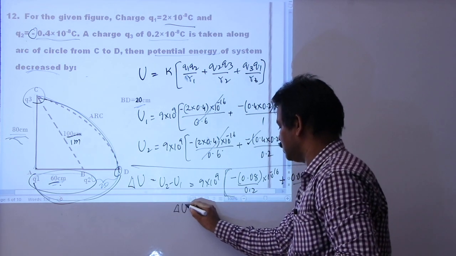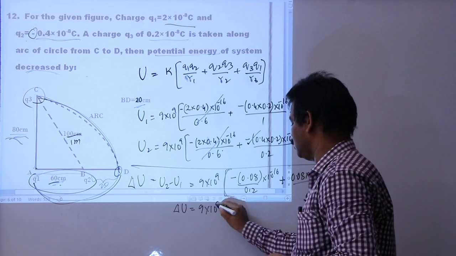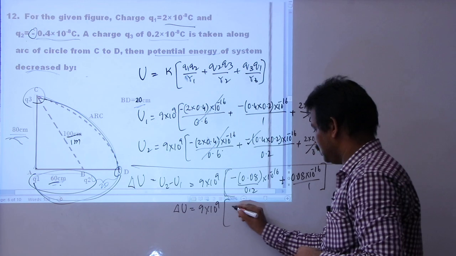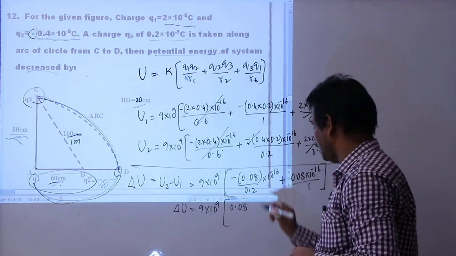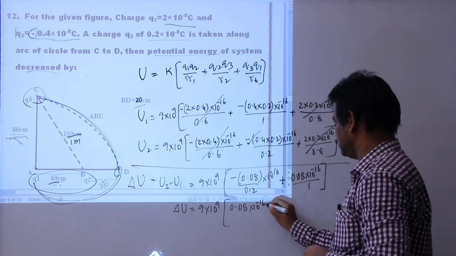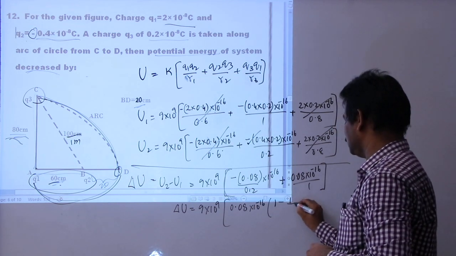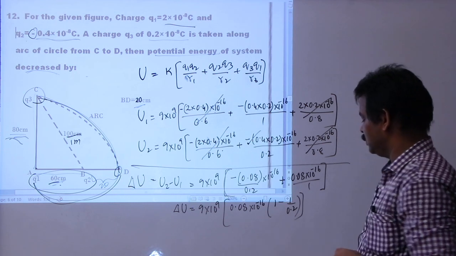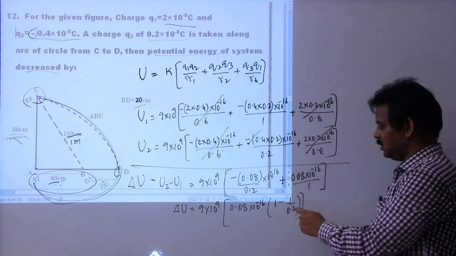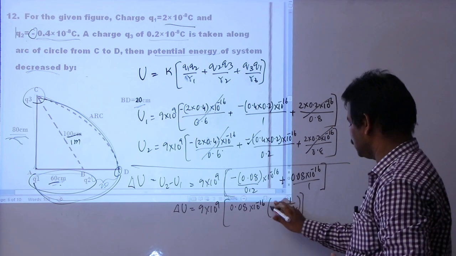But here if you simplify this one, you can write that the change in potential energy is given by 9 into 10 power 9. This 0.08 is common. So this minus this into 10 power minus 16 common, 1 minus 1 by 0.2. So this is 0.2 minus 1, which is minus 0.8.